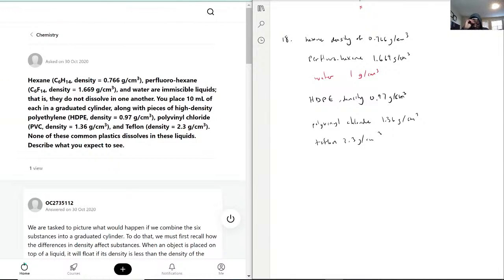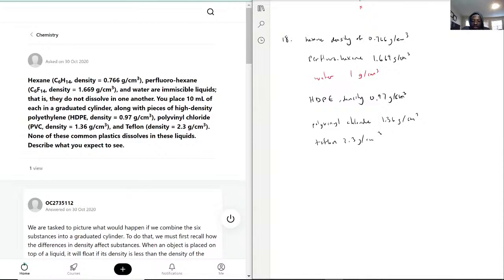None of these common plastics dissolves in these liquids, which is good. Describe what you expect to see. So the rule of density is that the heaviest will sink and the lightest will float on top. First we're going to label them, using different colors to make them look as different as possible.